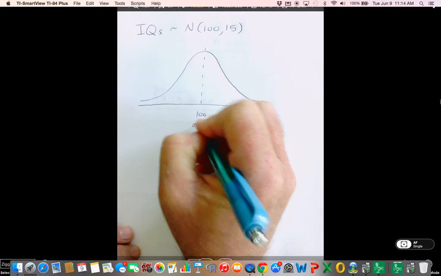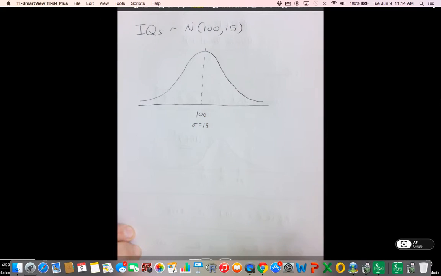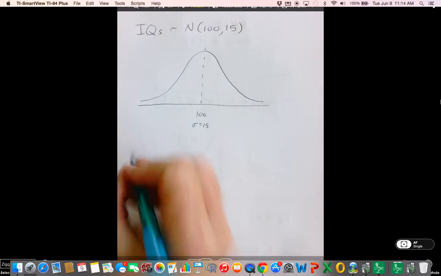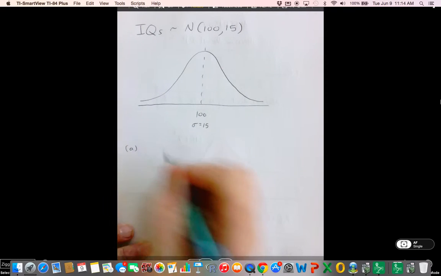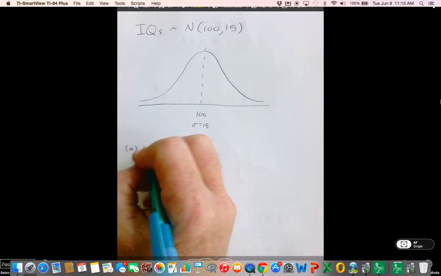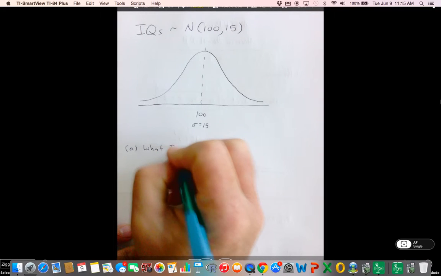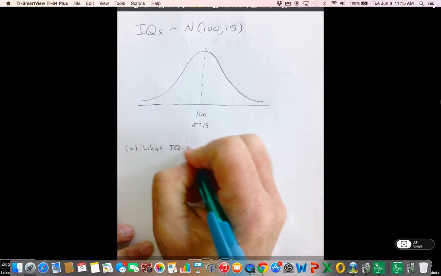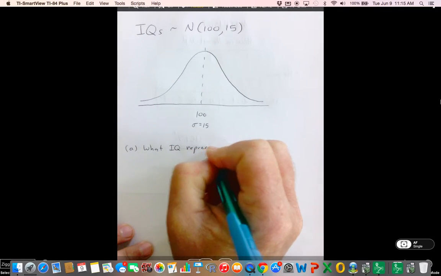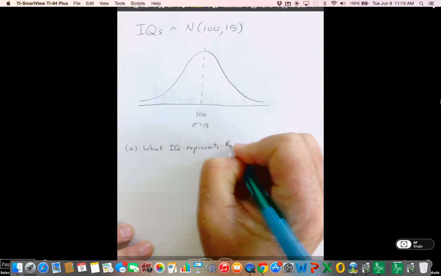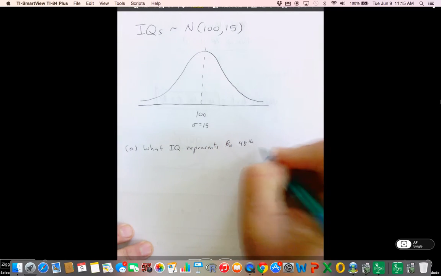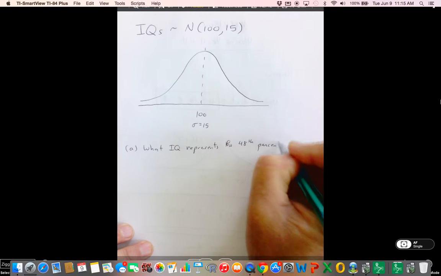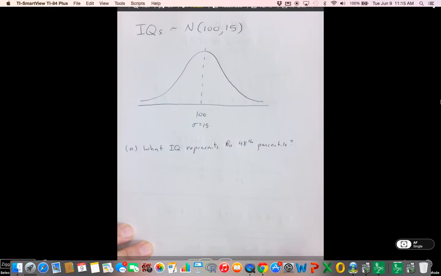Mean of 100, standard deviation 15. And we have the following type of question. What IQ represents the 48th percentile?